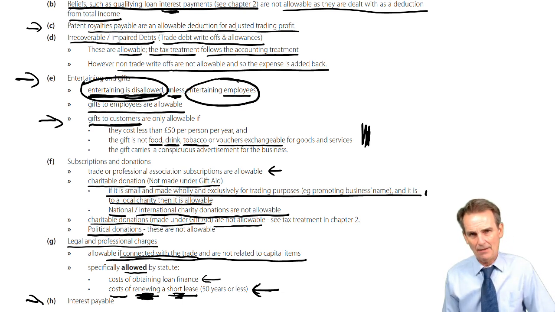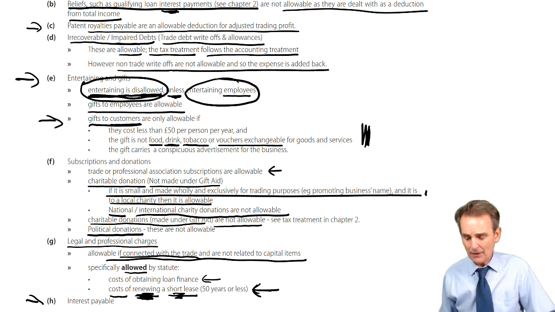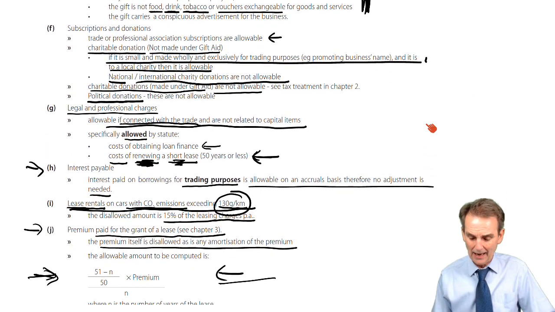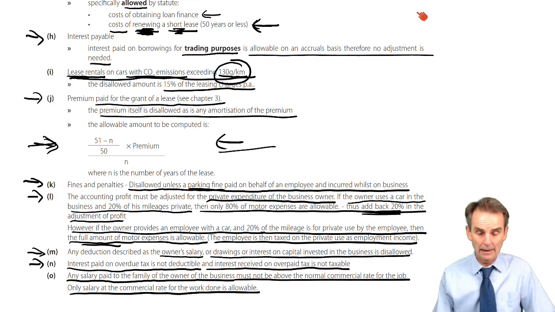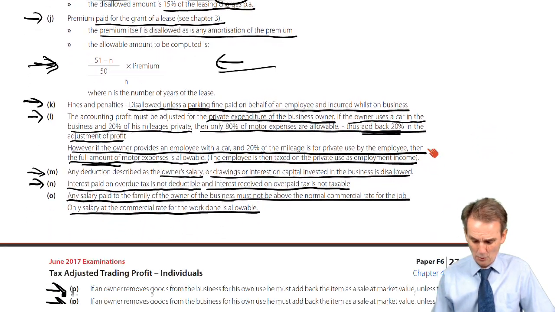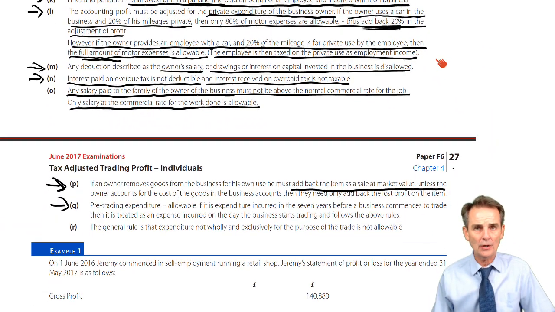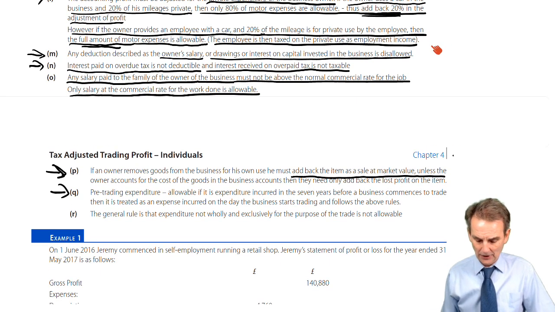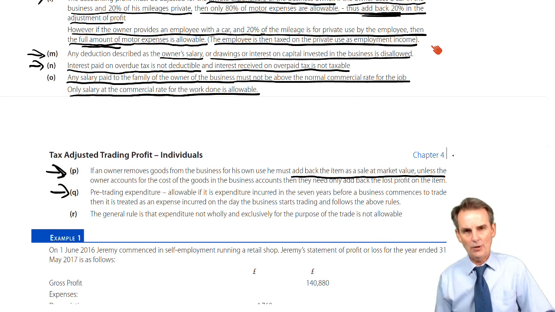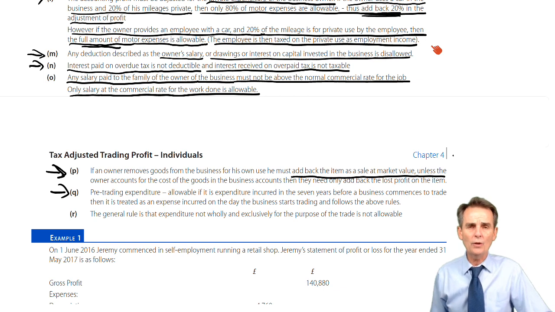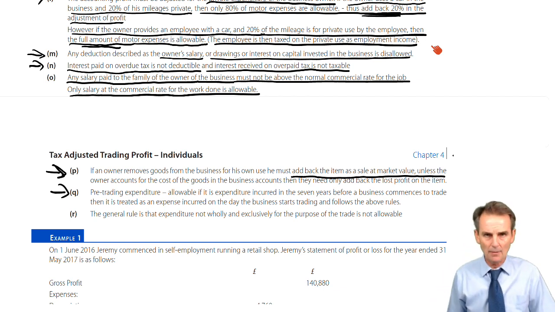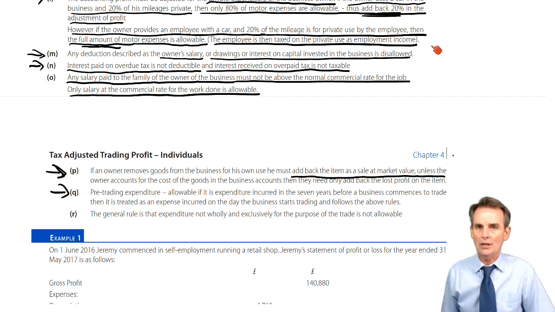So there you have an expense that even if you had incurred it post commencement of trading would not have been allowable. Well, clearly, therefore, whether you incurred it pre or post, it's disallowed. You will not get relief for it. But if it's pre-trading revenue expenditure of a nature that would have been allowable had you incurred it post commencement of trading, it's no problem. It is allowable, no add back.